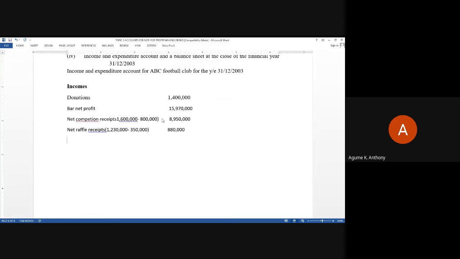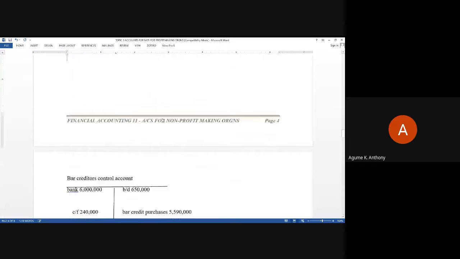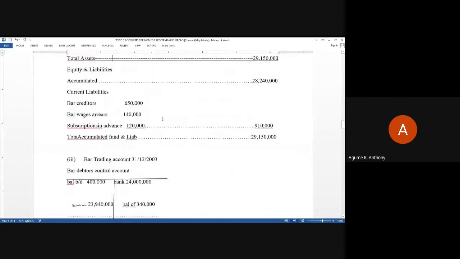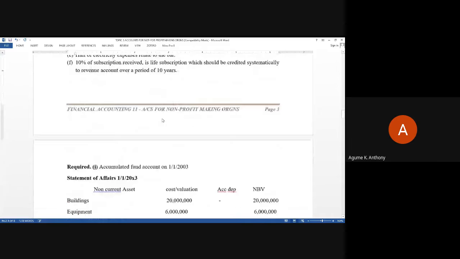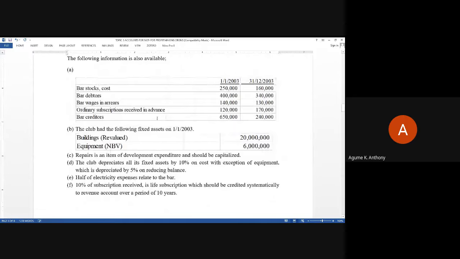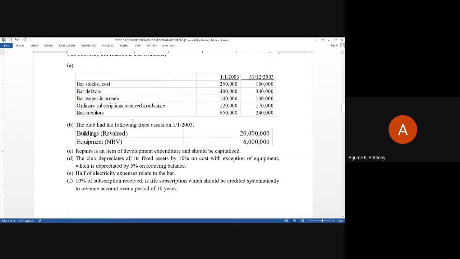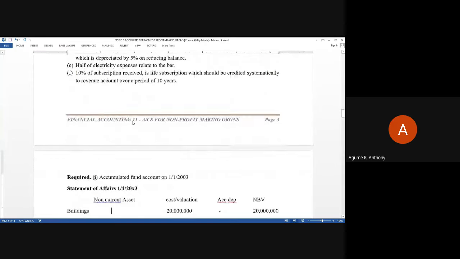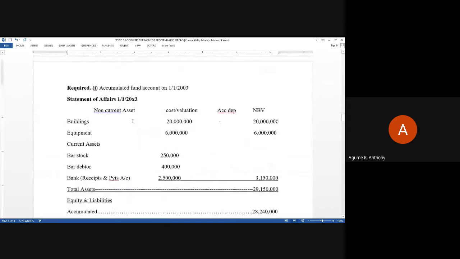Then another is ordinary subscription. Now when you check ordinary subscription here, I need my T accounts to make an analysis of these subscriptions, and I see which one I'm going to charge in the income and expenditure as ordinary and also as life.